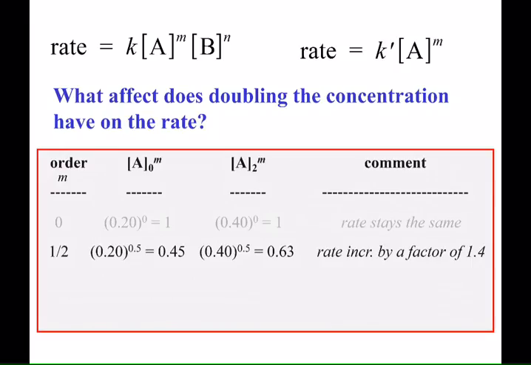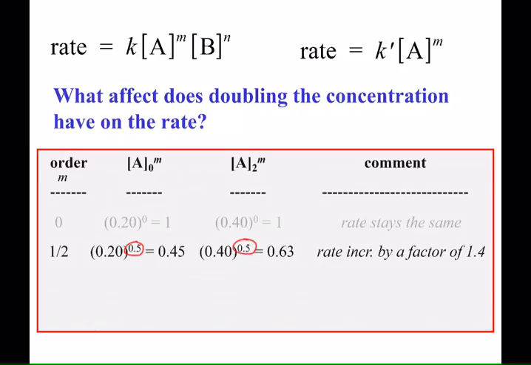What if we go ahead and we double it, and our observed change increases by a factor of 1.4? We know it's 0.5, so our M is 0.5. That's the square root.